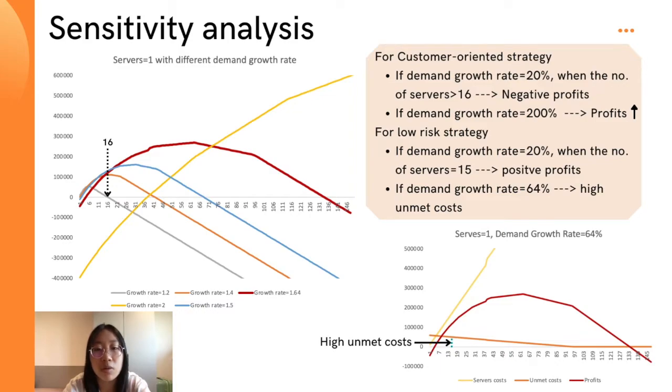However, if the growth rate for the year is higher at 64%, as shown in the graph at the bottom right, then the company will incur a large unmet cost. Overall, whether profits are positive or not is not the only criterion for judging Dogpool's business strategies, and the above perspectives are the strengths and weaknesses of each of the company's strategies. The final trade-off is up to Natalia.